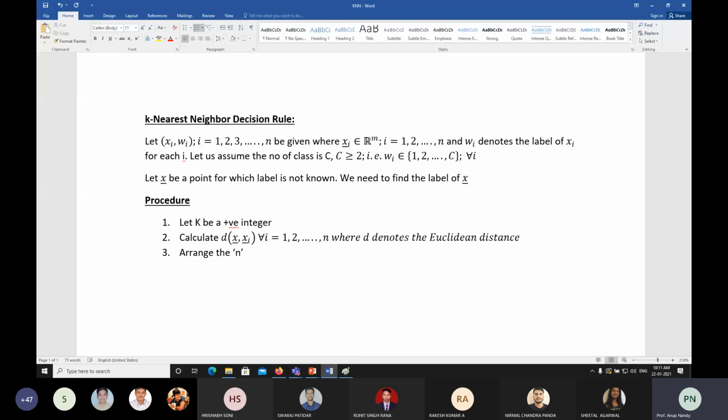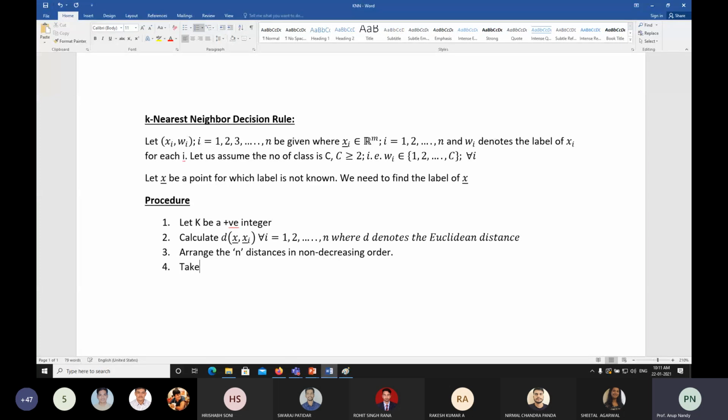So arrange the N distances in increasing order, or more technically you can write non-decreasing order. Arrange N distances in non-decreasing order.